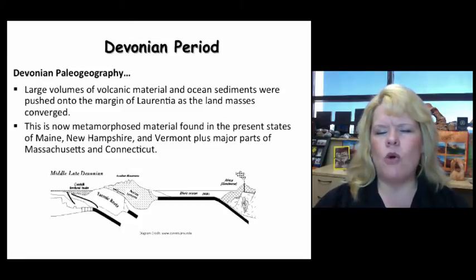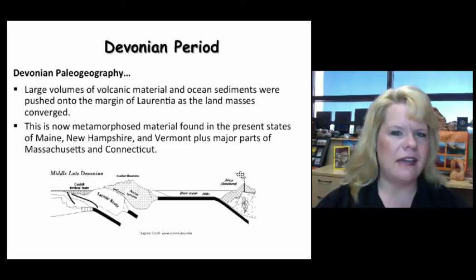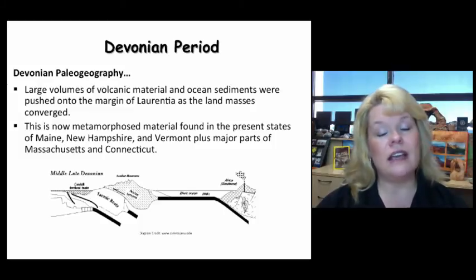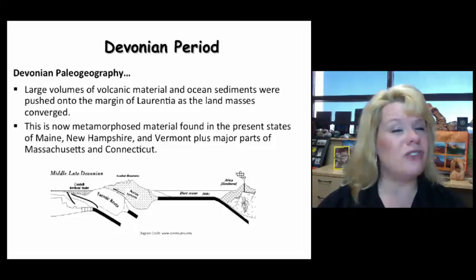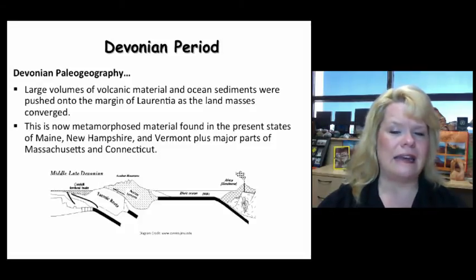This is now metamorphosed material that's found in the present states of Maine, aka Acadia National Park, New Hampshire and Vermont, plus major parts of Massachusetts and Connecticut. Essentially, we added on landmass to the edge of the eastern margin of the continental United States and Canada.